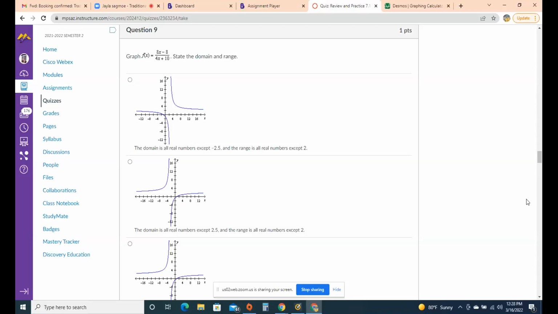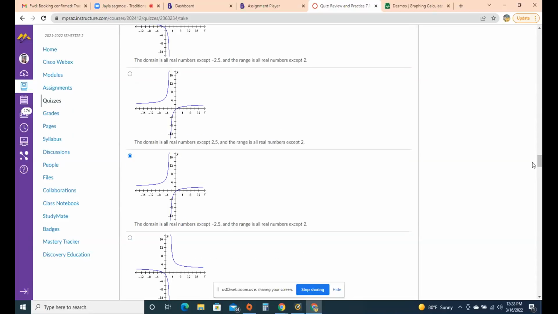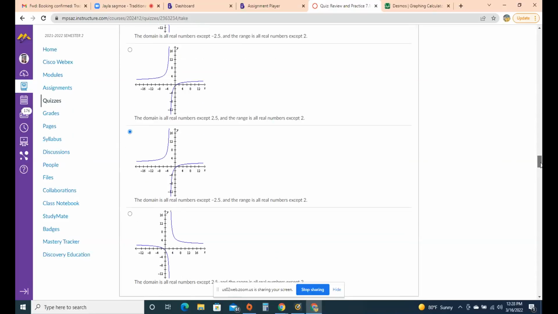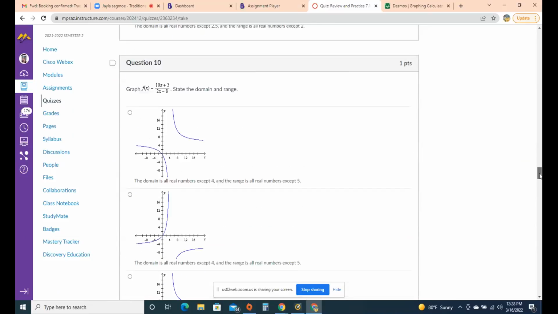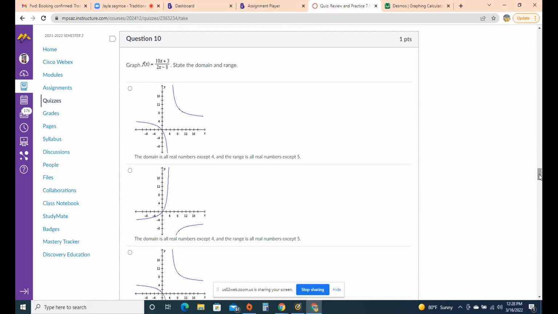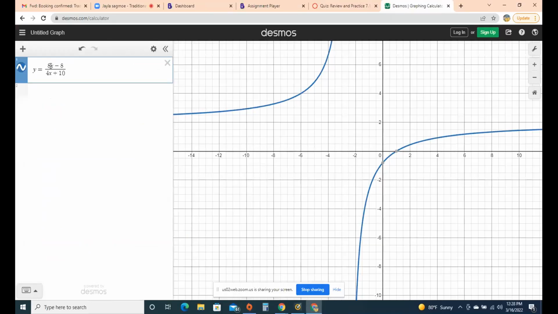So that helps you to say, okay, it's all the numbers except negative 2.5. Yes. Perfect. Okay. Cool. And then you always set the denominator to equal 0? Yes. Okay. So go ahead and graph this one, and we'll do the same thing too.